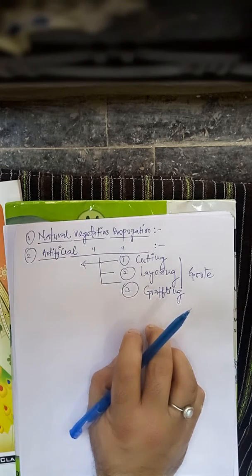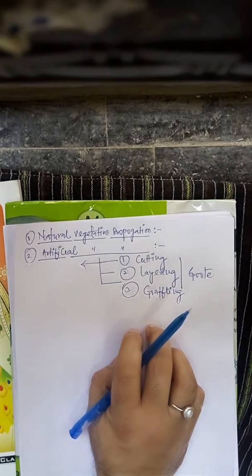In the layering method, we make a cut in any aerial branch of the plant. Then we place this cut part of the twig inside the soil, and after some time we see the development of roots. Then we separate this cut part from the parental plant, and this part forms a new plant.